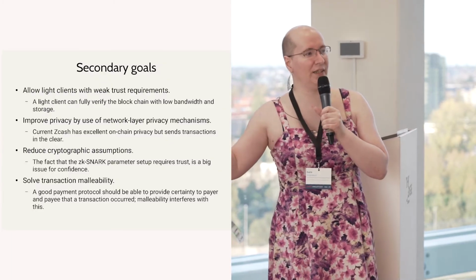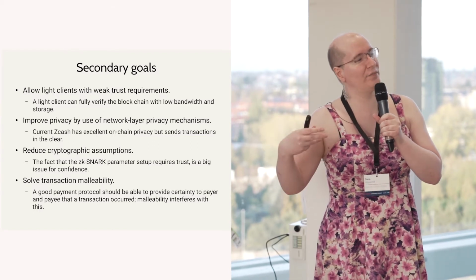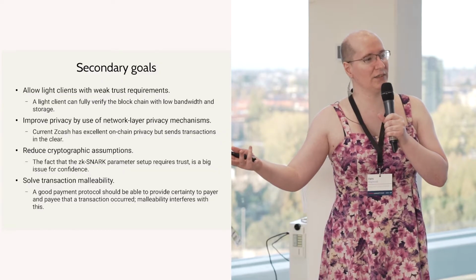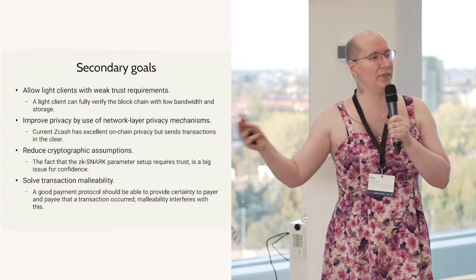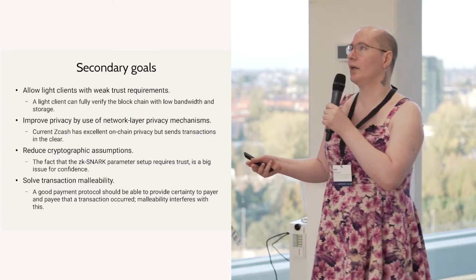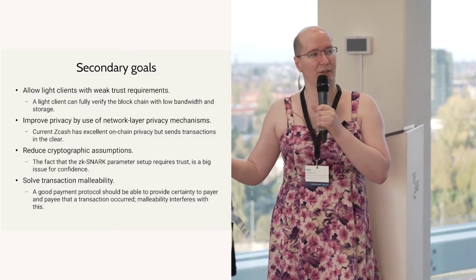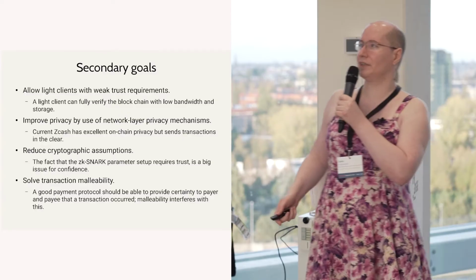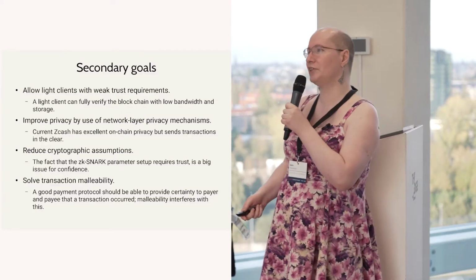So we have the privacy of the blockchain itself, what an adversary can infer from the visible part of the blockchain, but also what a global passive eavesdropper can infer. We would like to improve that, which is complementary to the blockchain privacy. We'd also like to reduce the cryptographic assumptions, because we're currently using quite strong assumptions in Zcash.